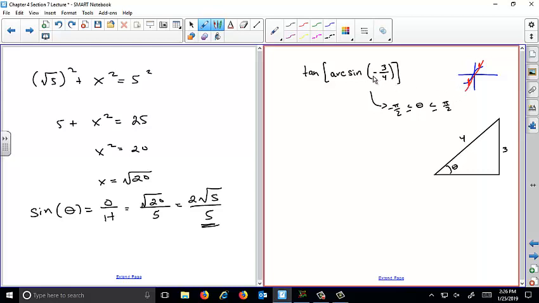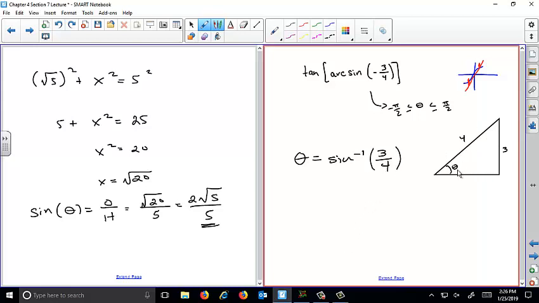So if the sine is negative 3/4, then the tangent is also going to be negative. So we say theta in this case is going to be the angle whose sine is 3/4. So we're using the positive because it's a right triangle.